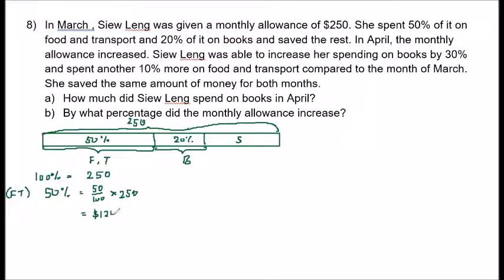It gives us $125. So how much did she spend on books? That will be 20%. So 20% will be just 20 over 100 times 250. So she will spend $50 on books in March.